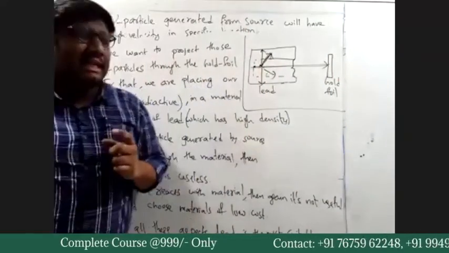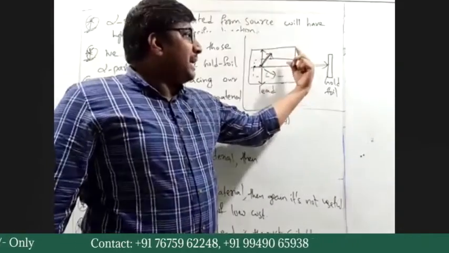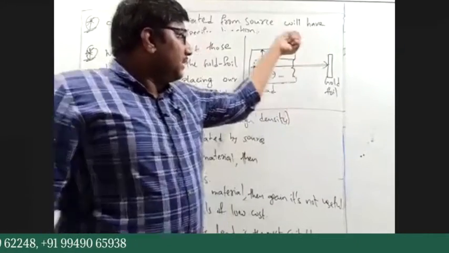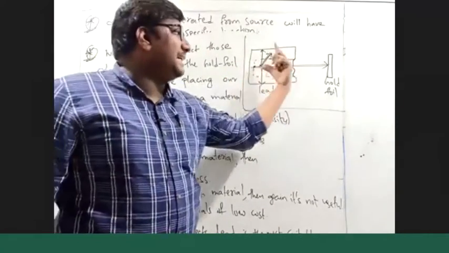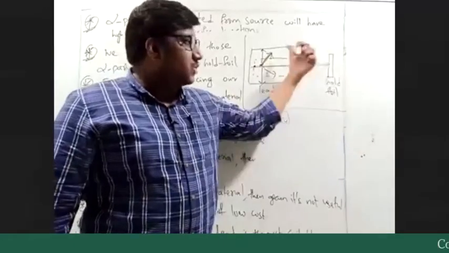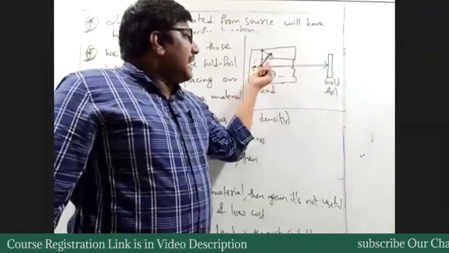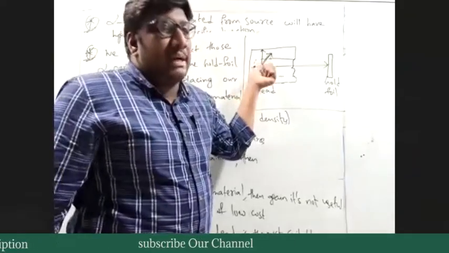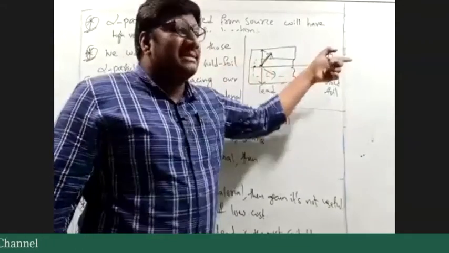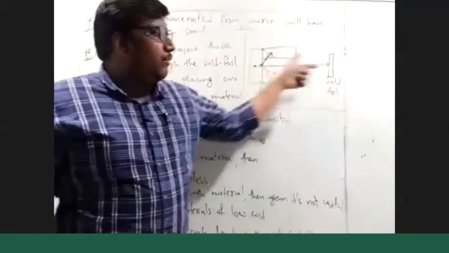That is the first target that we achieved by covering the source with a highly dense material like lead, which is not reactive to the alpha particle, and the direction of velocity of alpha particle can be made in a single direction. It can hit the foil.